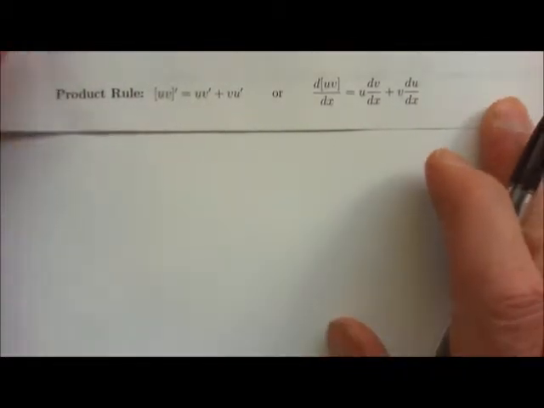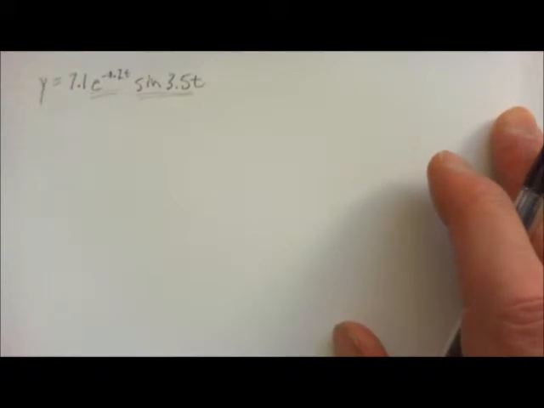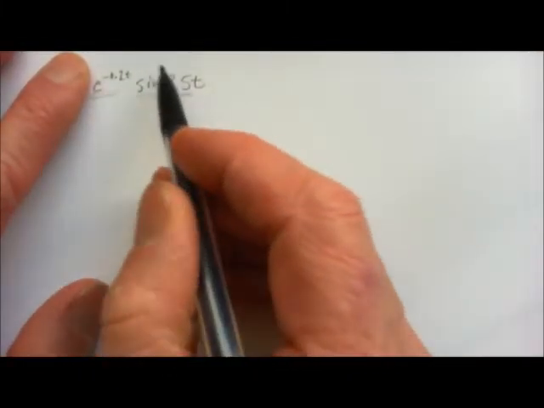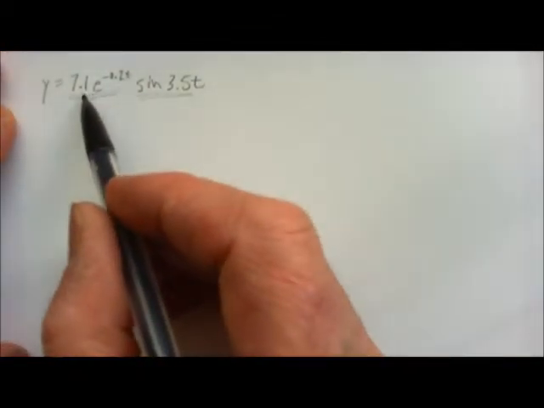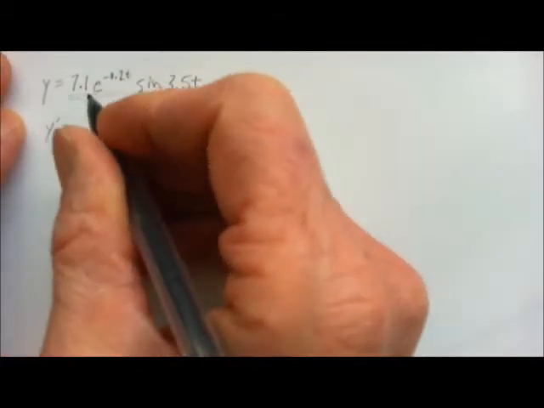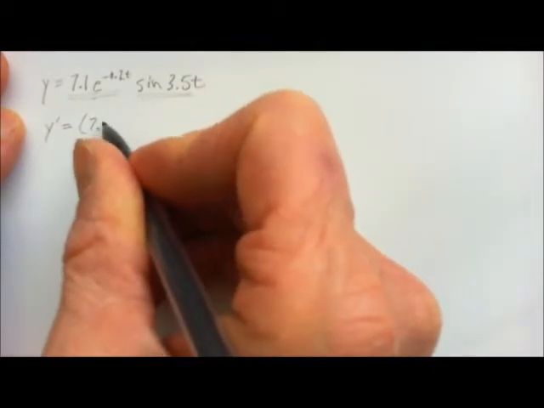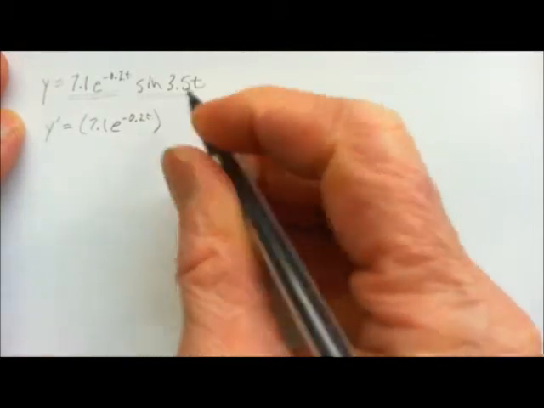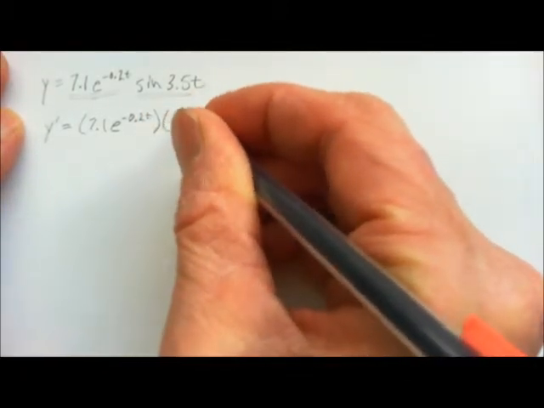So let's go ahead and apply the product rule. When doing that, in this case, it's convenient to think of the 7.1 as part of the first function. We could keep it out and apply the product rule to this part and then distribute the 7.1 in, but it's usually easier to just make it be part of this first guy. So when we go to take the derivative, y prime, we have the first, so 7.1 e to the minus 0.2t, times the derivative of the second, which I'm just going to indicate for now.